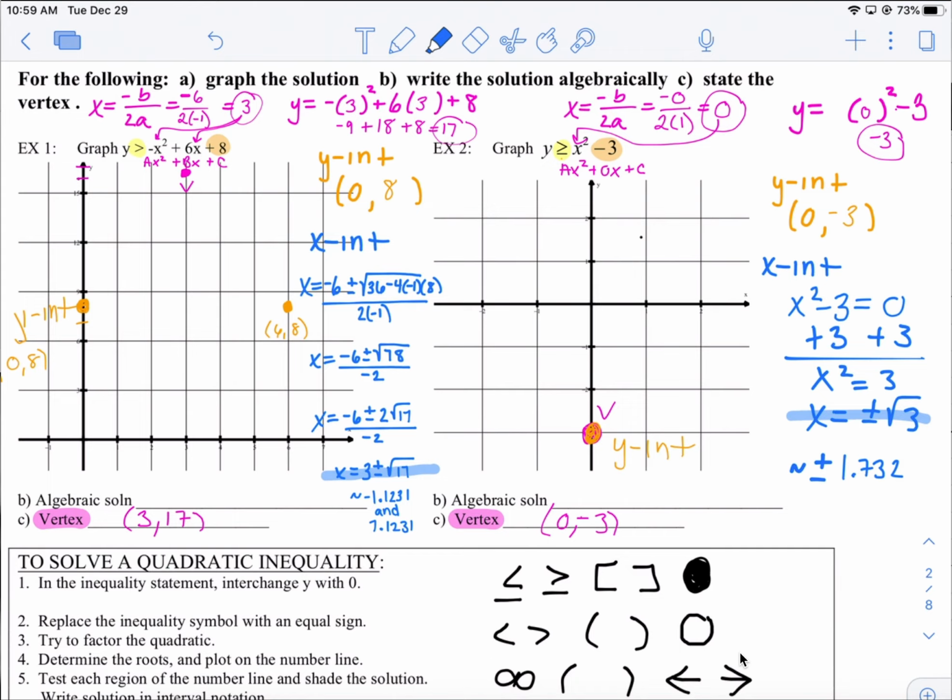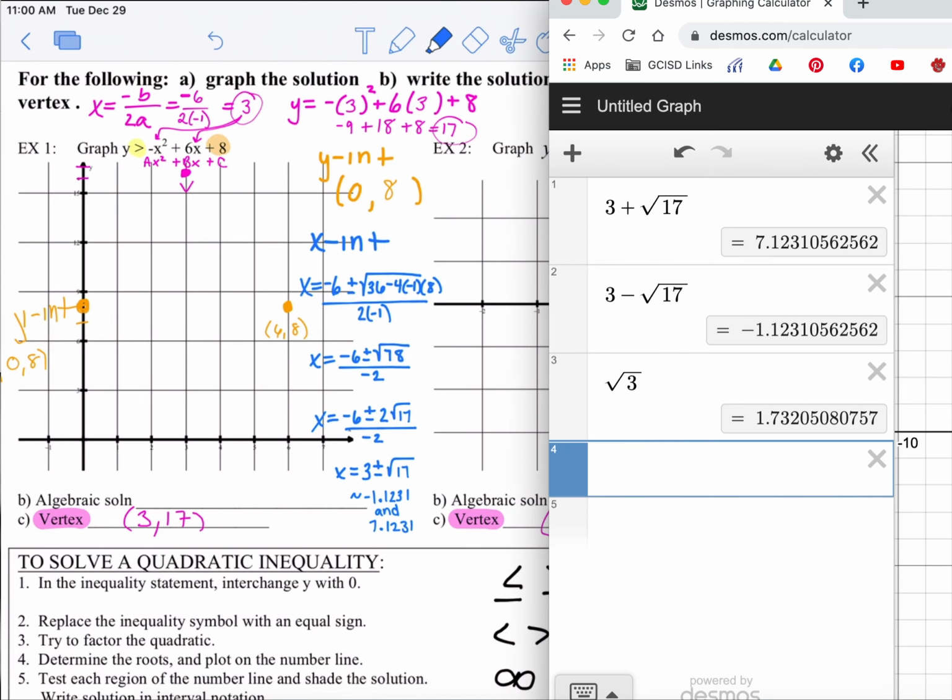Okay, that's what we did for the whole last part of Unit 5, right? But if I tell you to graph 3 plus square root 17, I don't think you're going to know where that is, right? So I'm going to show you in Desmos how you can find that out. If I were to type in 3 plus the square root of 17, it's going to give me 7.1-ish. If I type in 3 minus square root 17, it's going to give me -1.1-ish.